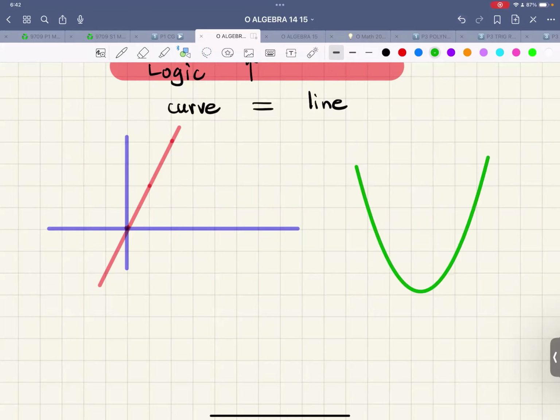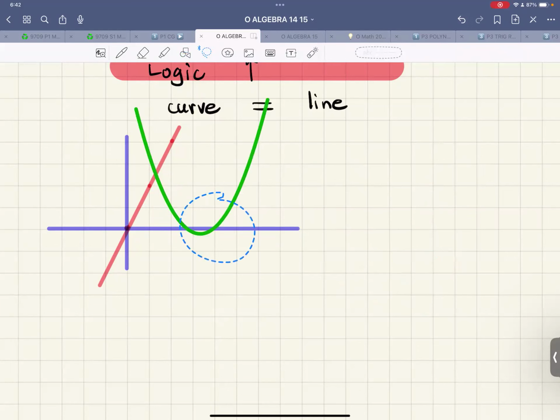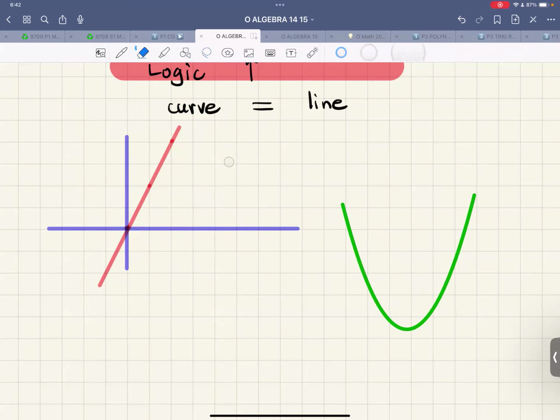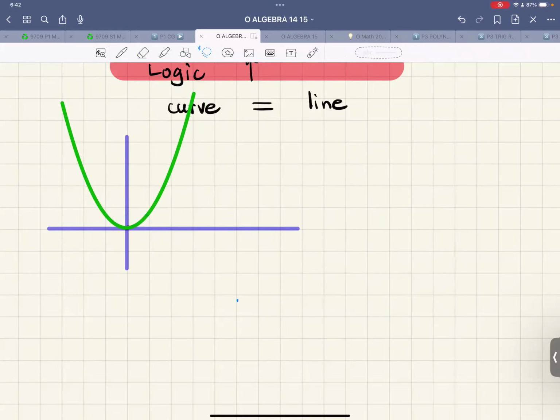I think this is better. No, let me just remove this line. Let me take this curve because it was not intersecting. And now let me draw the line. So the red line that goes like this.